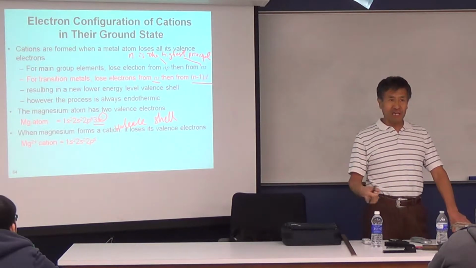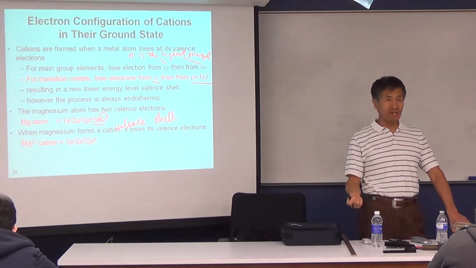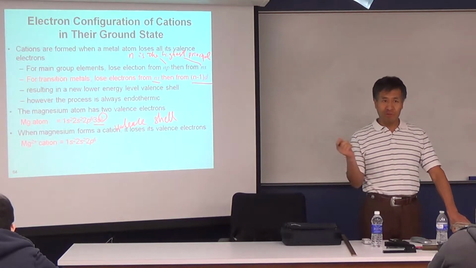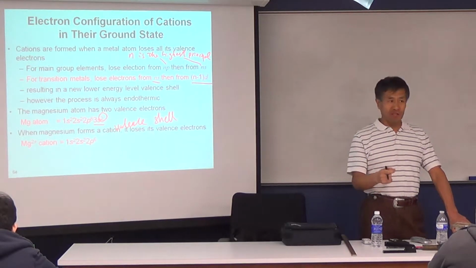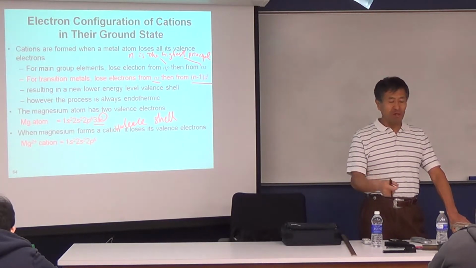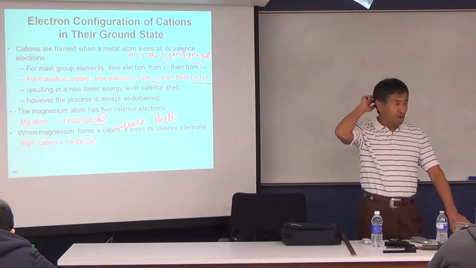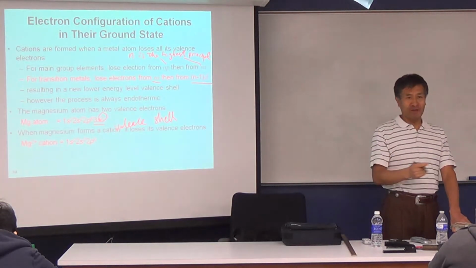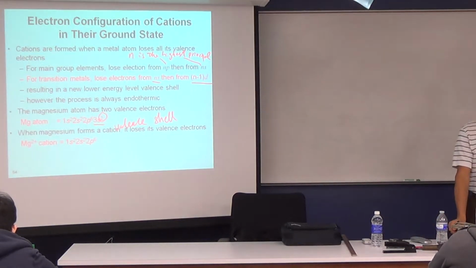That free electron has a lot of energy. So where does the energy for the free electron come from? It comes from the environment. You have to supply the energy to make the electron become free, to get away from the atom.